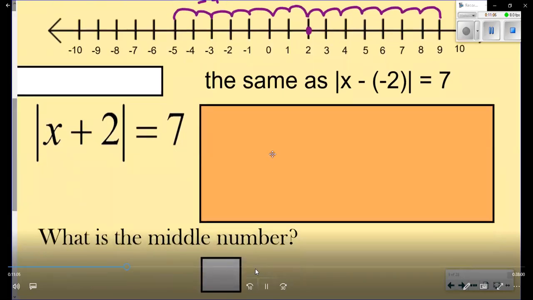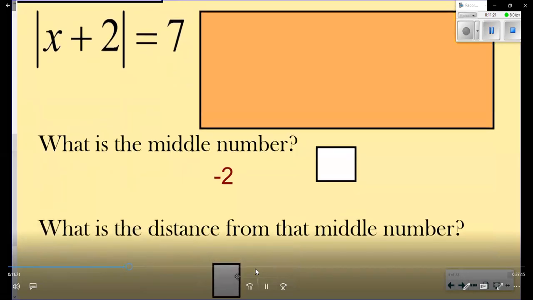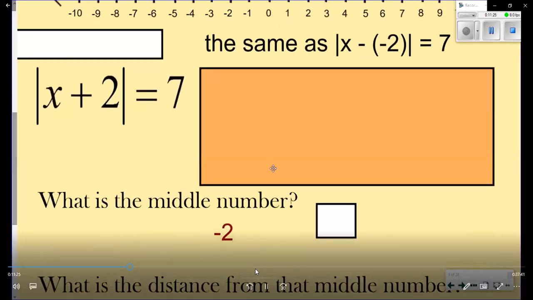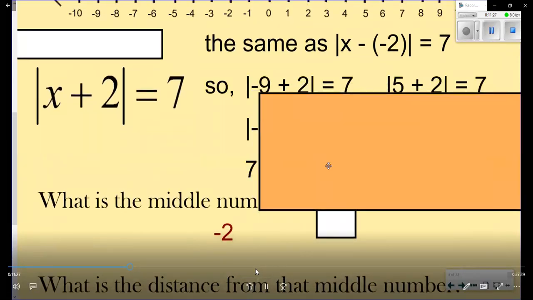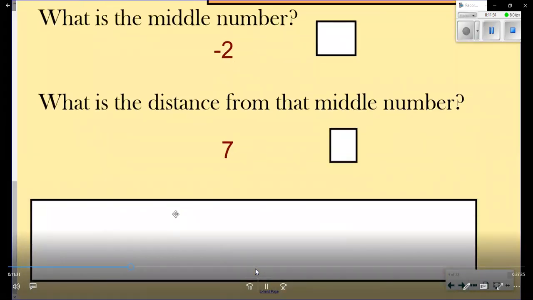So before we even do it on the number line, what would be the middle number? It wouldn't be 2. It would be negative 2. And the distance is 7. So for this one, before I even do that, we do the number line.